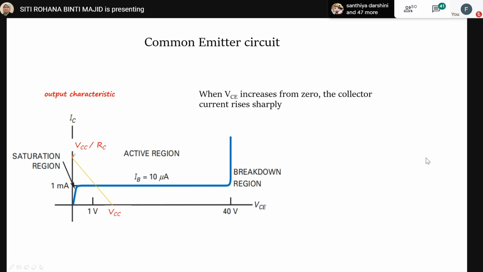Okay, so we have this point, and then we have another point here. Once we join these two points, we will get a yellow line.